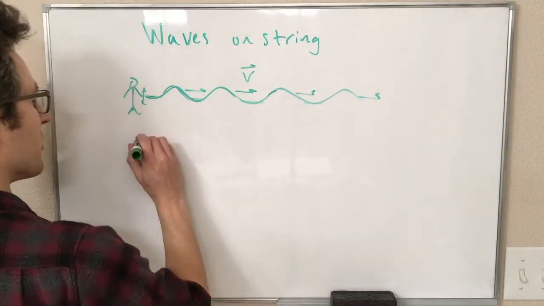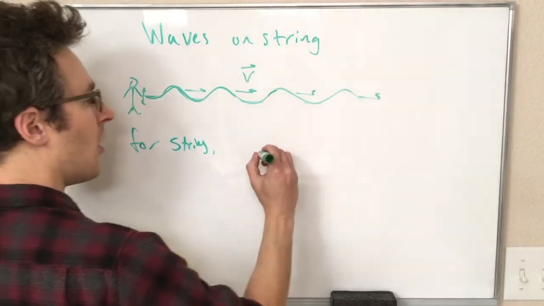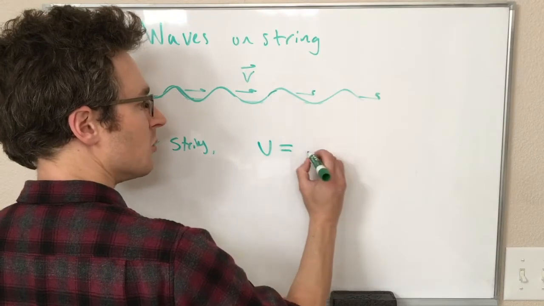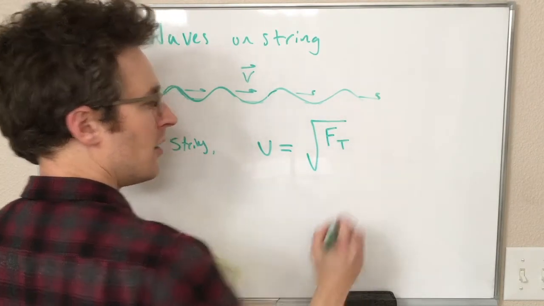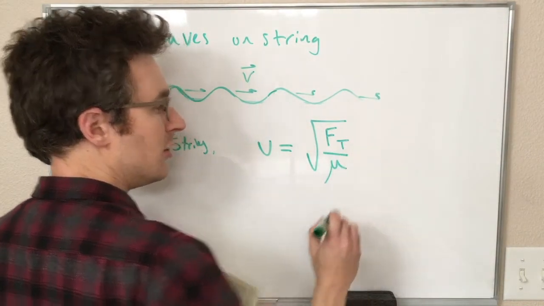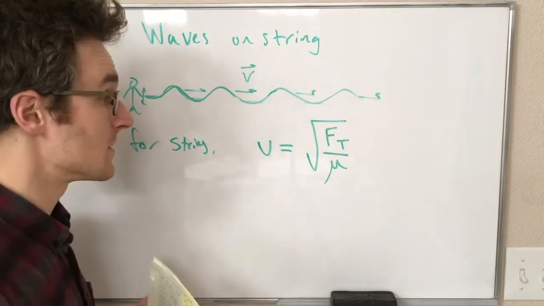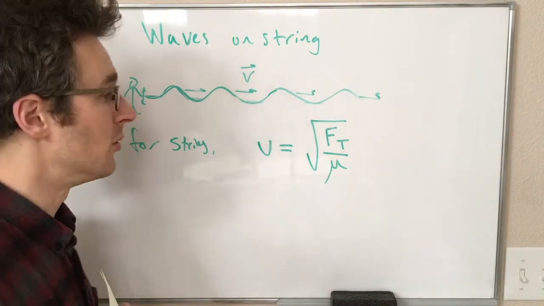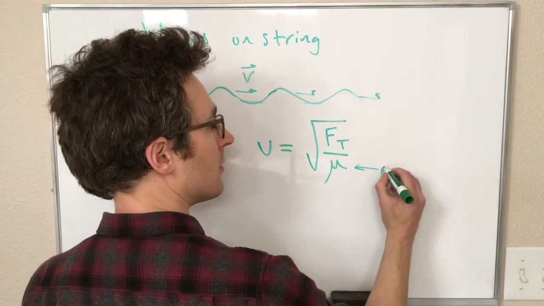Anyway, so for a string or rope or cable or whatever, our wave velocity is equal to the square root of the tension divided by a new variable. So this looks like our friction coefficient, but it is not. It is the same letter, mu, but it is our mass per length of the string.